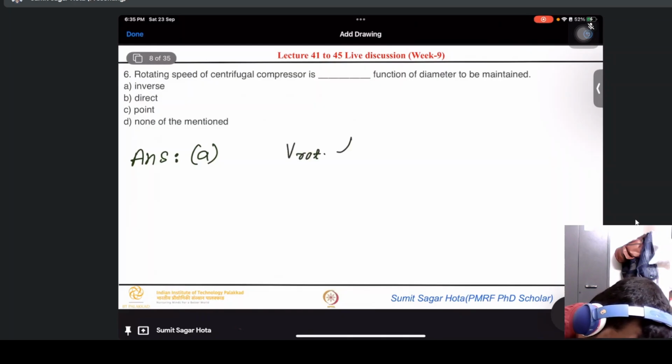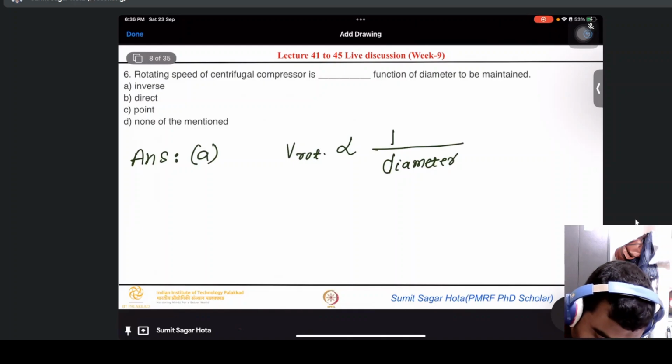Rotating speed is inversely proportional to the diameter.